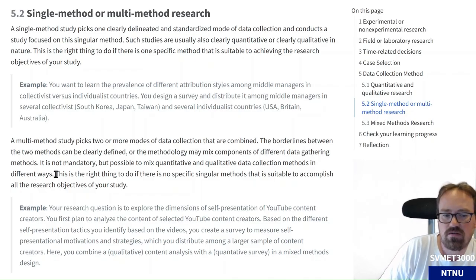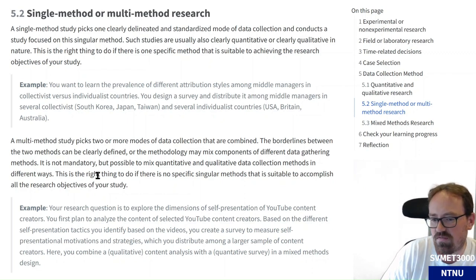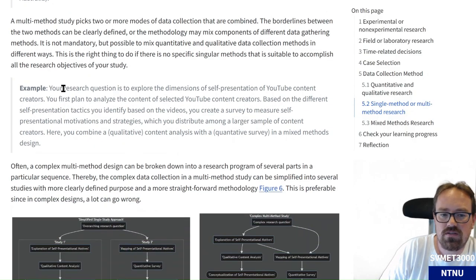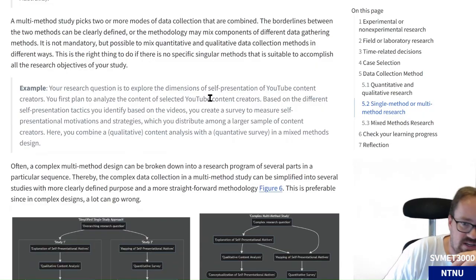This multi-method approach is the right thing to do if there is no specific singular method that is suitable to accomplish the research objective that you have. For instance, your research question is to explore the dimensions of self-presentation of YouTube content creators. You first plan to analyze the content of selected YouTube content creators.